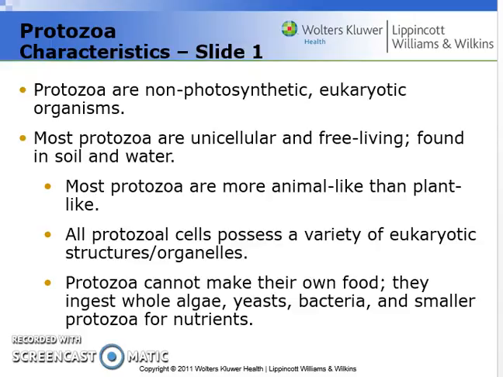Again, they're not photosynthetic, so they don't use light from the sun in order to generate food for themselves. Instead, they'll ingest other organisms, such as algae, yeast, bacteria, and then some smaller protozoans in order to extract nutrients from the prey that the protists are eating.